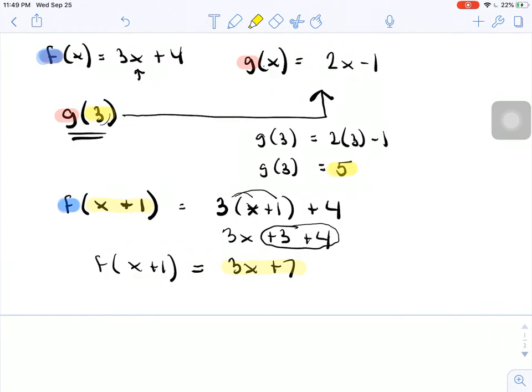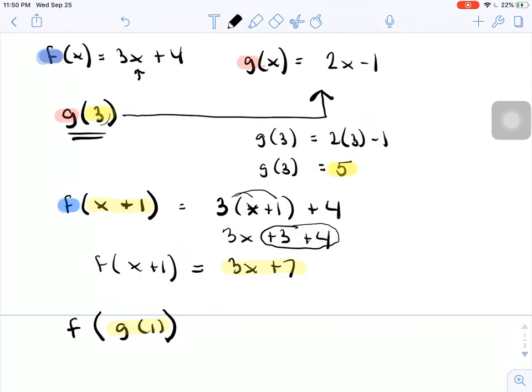You could, and this would be a challenge level problem, but it's good to think about to keep you challenged. You could even do something kind of tricky, and you can put functions inside functions. So you might see something like this. Maybe you might see something where you're asked to find f of g of 1. Well, order of operations says to do parentheses first, right? So if we start in the parentheses, we would have to start here and figure out what g of 1 is.